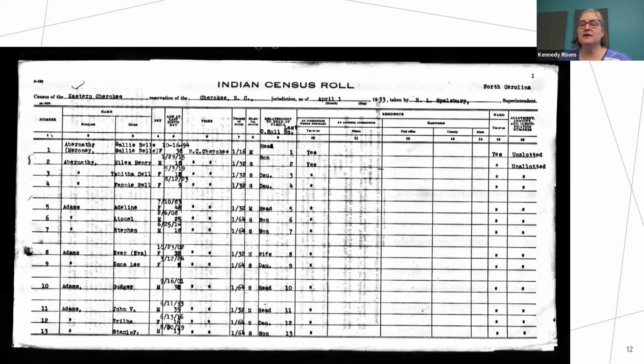If they are not at the jurisdiction where they are enrolled, it will tell you where that is, largely blank on this particular page. Address if elsewhere. If they are a ward of the state, if they have an allotment, annuity or identification number, if that has been issued. These are unallotted in 1933.